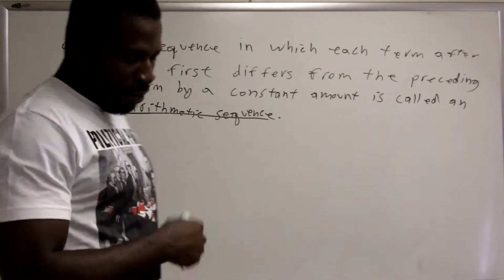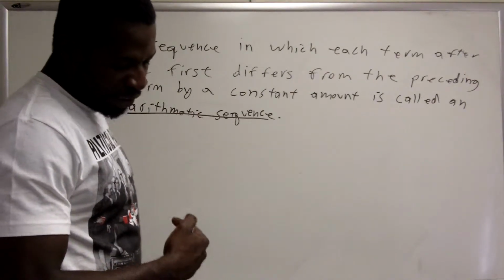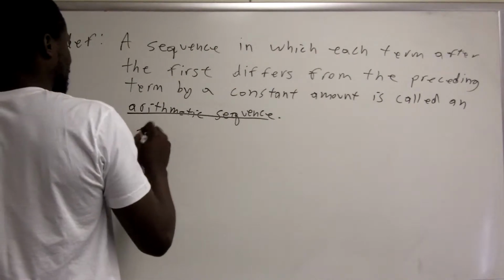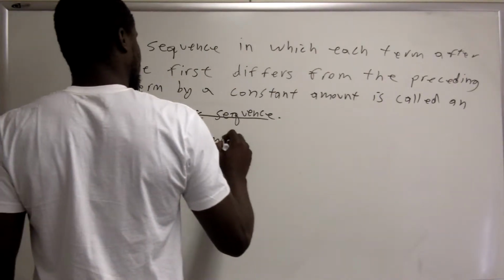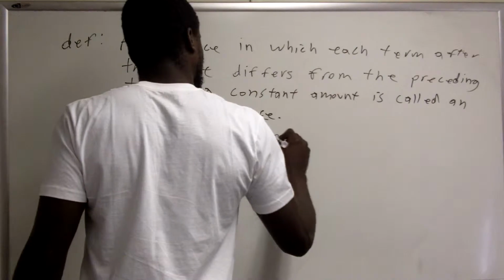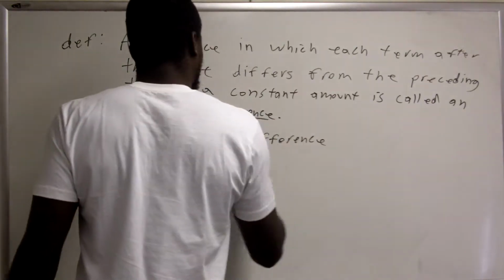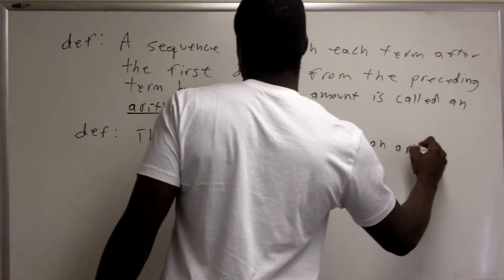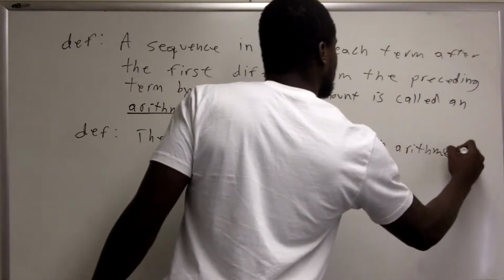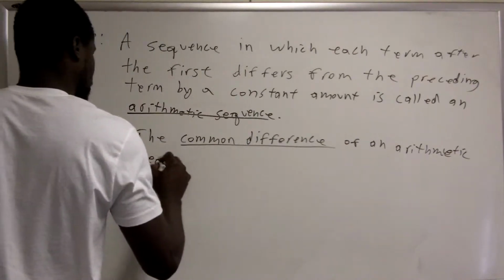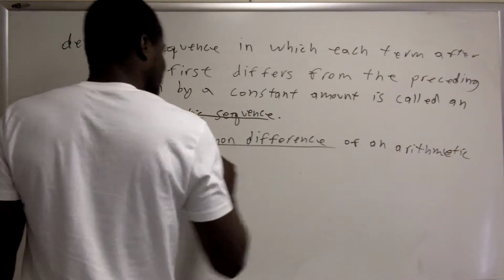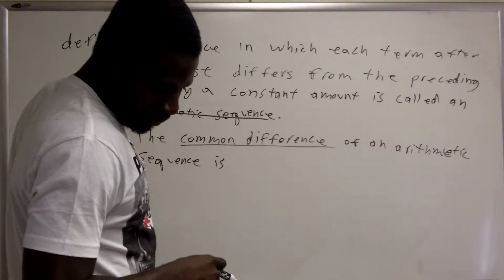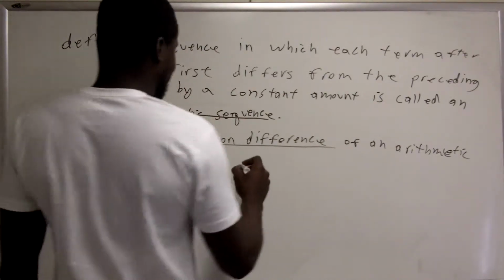All right, the amount by which each pair of successive terms differs is called a common difference. The common difference of an arithmetic sequence is the constant amount.